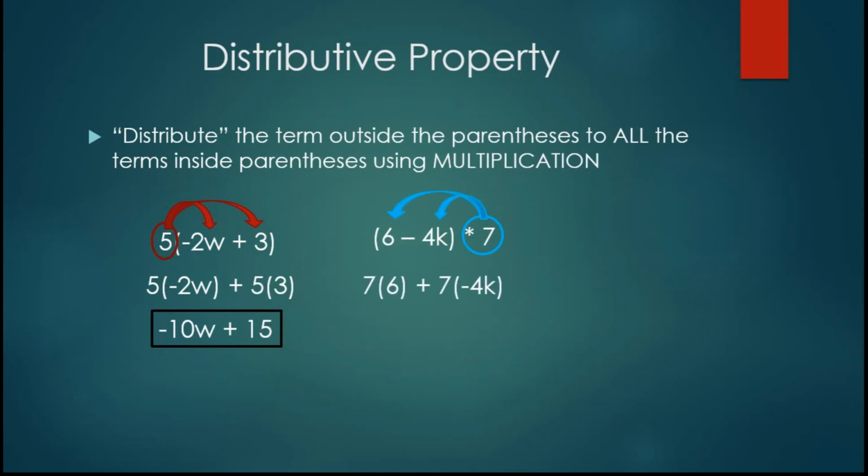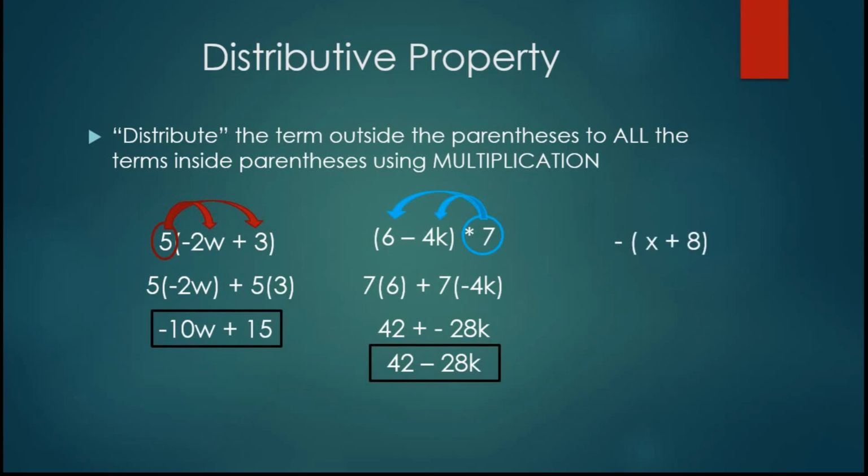So that looks like 7 times 6 plus a 7 times negative 4k. 7 times 6 is 42, plus 7 times negative 4k is negative 28k. But we know plus a negative can be simplified to be written as just minus 28k. So that's all there is to it. You take the outside number, multiply it by everything inside.